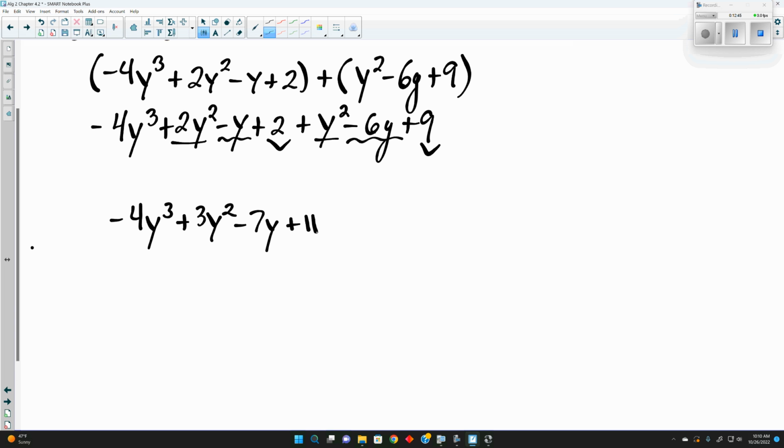Now the symbols I just put underneath the terms might seem a little weird. This is something I do even when I'm actually solving the problems myself. It's keeping track of the terms. I put the same symbol under each one as I add or subtract, as I combine them. That way, when I look back at it to see, okay, did I combine every like term?